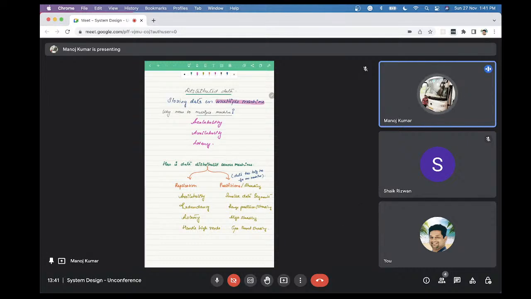So why move to multiple machines? Scalability. A single machine cannot fit large data. Even if a single machine can fit large data, it is unable to handle high writes and high reads. Availability.